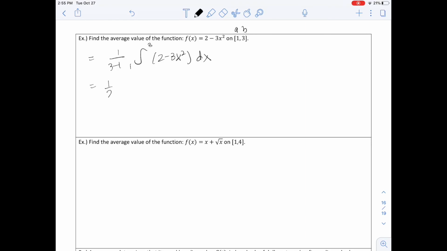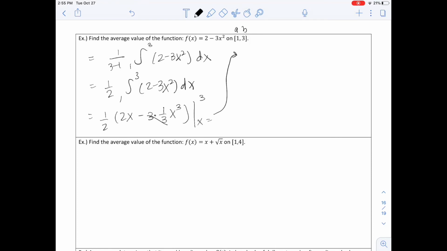So integrating this, we have 1/2 the integral from 1 to 3 of 2 minus 3x squared dx. So now actually taking that integral, keeping that 1/2 out in front since that is a constant value, we arrive at 2x minus 1/3 times 1/3 x cubed. 3's are going to reduce out, and we are evaluating this from x equals 1 to 3.